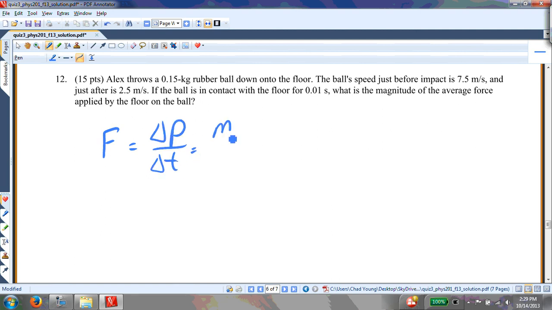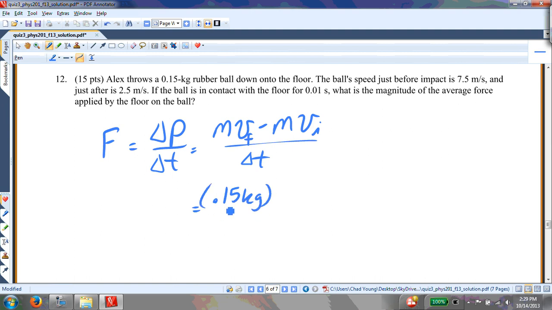That's going to be m vf minus m vi, divided by delta T. And then it's just a matter of putting in our numbers. We have to make sure we get the signs right. So it's 0.15 kilograms, and I'm going to factor out that mass since it's common.